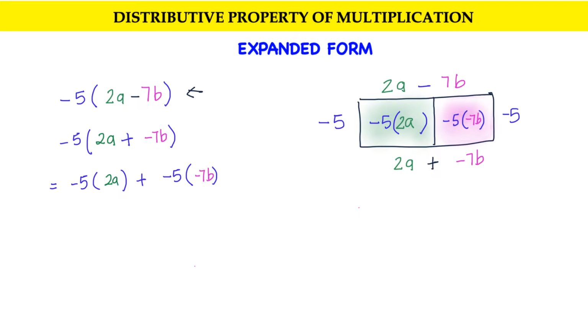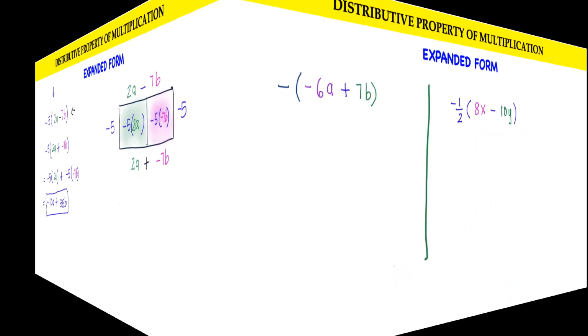And if we simplify this even further, we would get -5 times 2a is -10a plus -5 times -7b is +35b. And this is the expanded form of this expression here. Let's try two more examples.